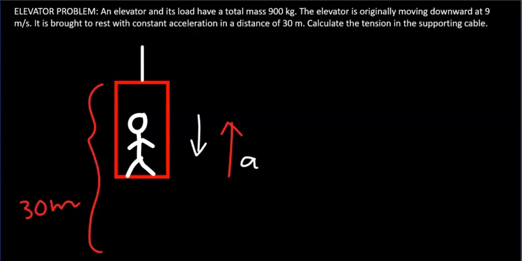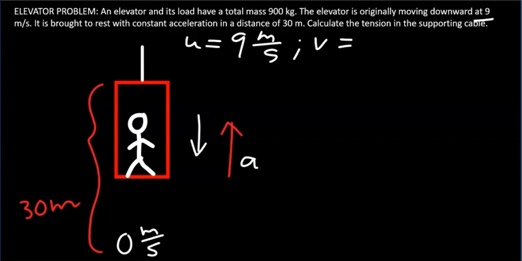We know it is a constant acceleration, so kinematics apply. The initial speed is 9 meters per second. The final speed is 0 meters per second, meaning it comes to a complete rest. So u is 9 meters per second, v is 0 meters per second, and it has traveled a distance, say Δx, 30 meters.